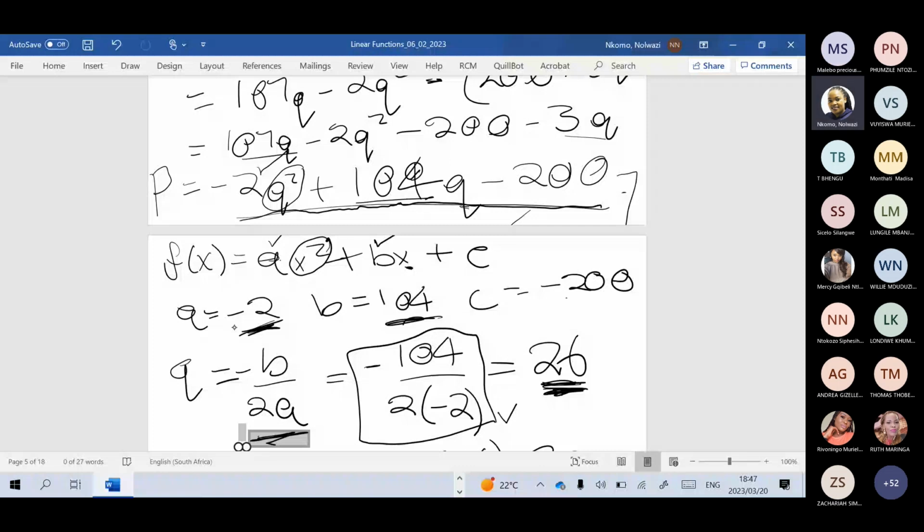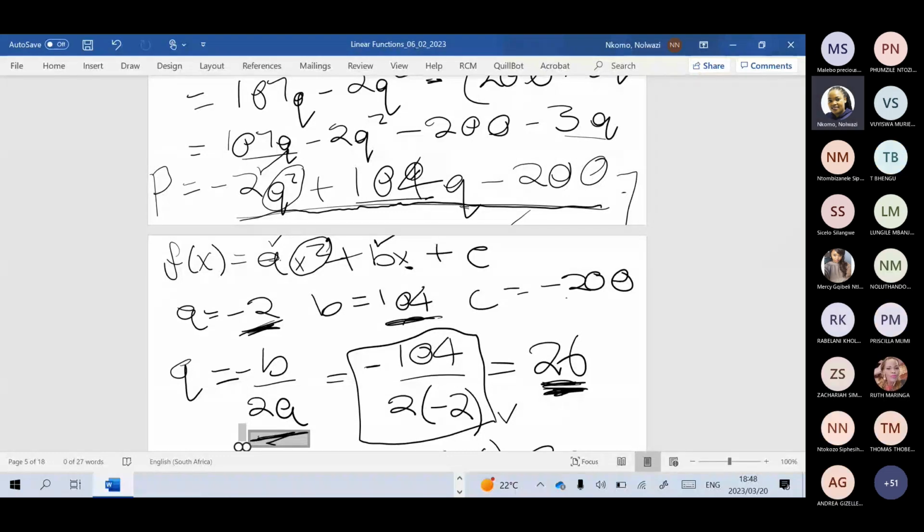Since we know that -2 is less than 0, then we say a is less than 0, since a is equal to -2. Okay. Thank you for that. Is that fine? Okay.